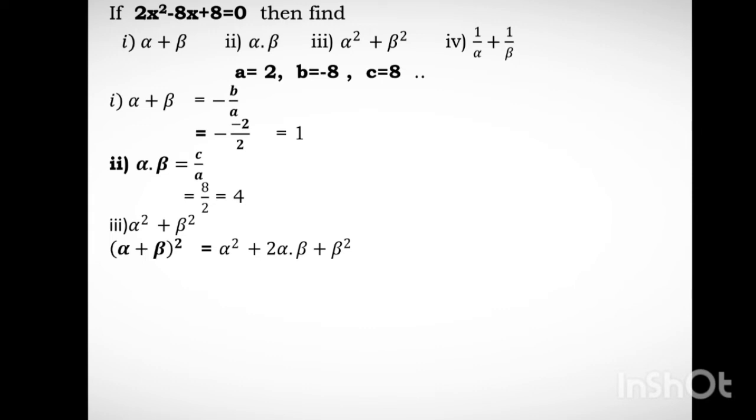Now we need to find alpha square plus beta square, so we take alpha square plus beta square on the left hand side and bring the 2 alpha into beta to the other side. That is, alpha square plus beta square is equal to alpha plus beta whole square minus 2 times alpha beta. Now we have alpha square plus beta square in terms of known quantities, alpha plus beta and alpha into beta.